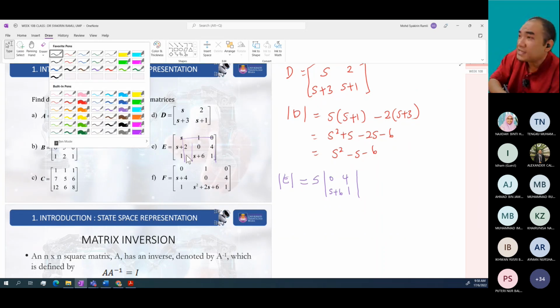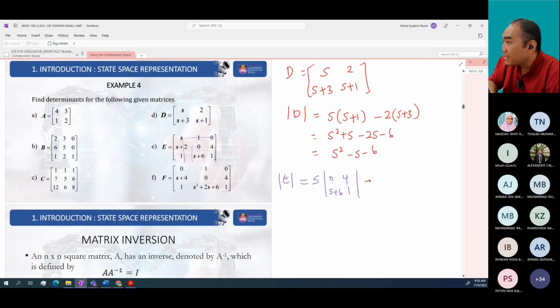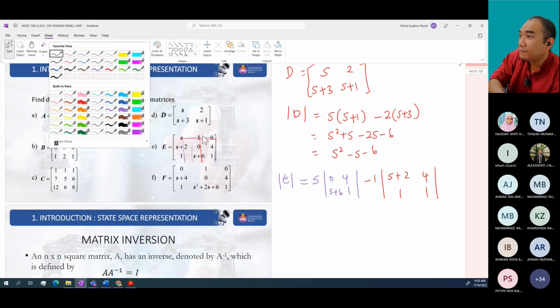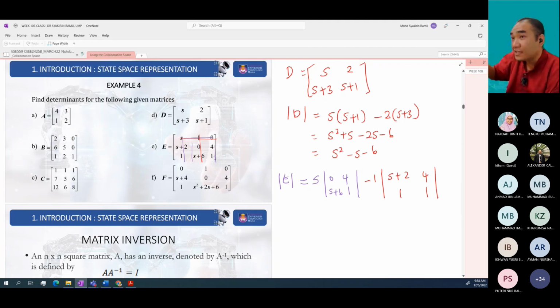And then minus with 1. We have minus 1. And then we find the determinant, covering this row and column. We find the determinant for S plus 2, and here we have 4. This is 1 and this is 1. Again, you have to remember we have to alternate.